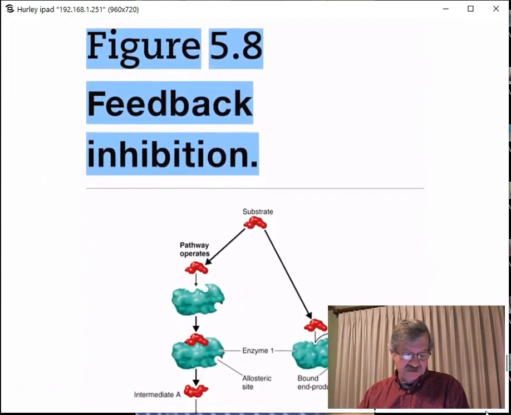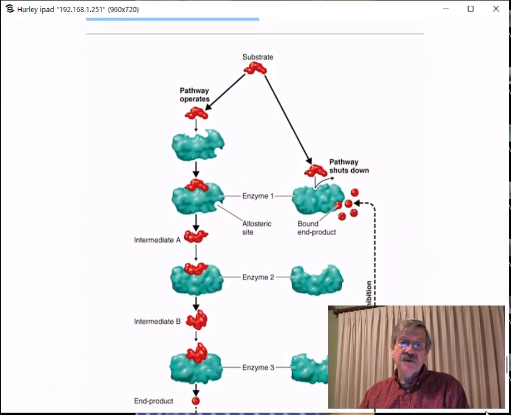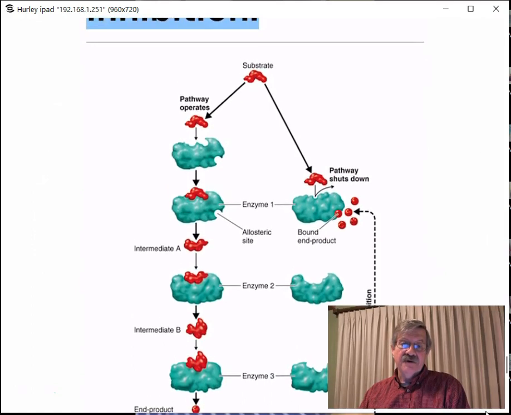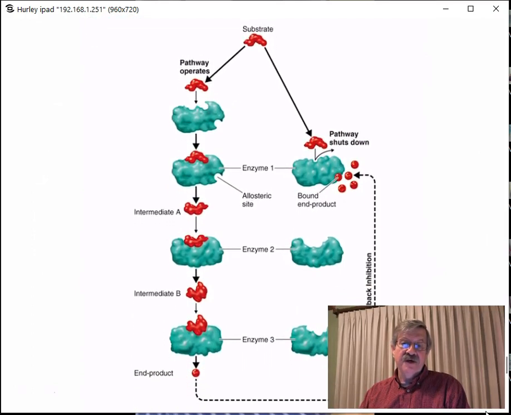Real neat system. So notice what we have. On the left, we have a metabolic pathway. So you have a substrate, feeds into an enzyme. You get an end product, which they term as intermediate A. It feeds into another enzyme, enzyme 2.